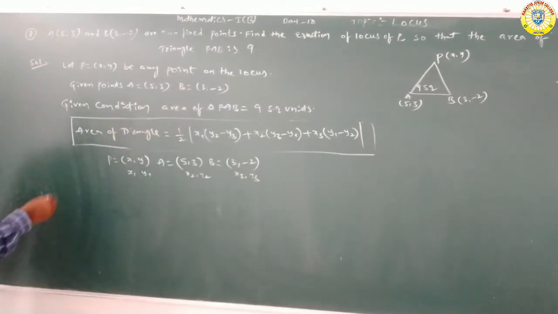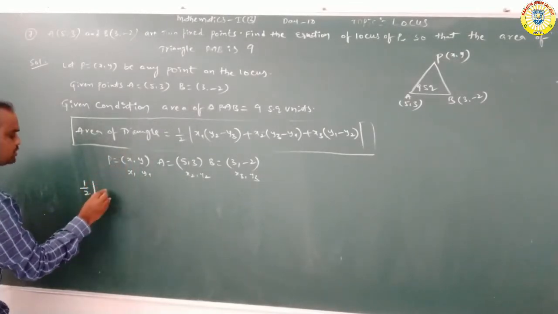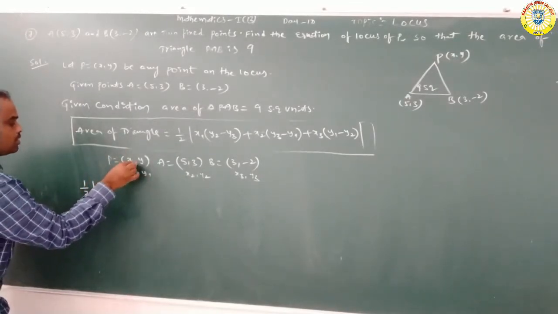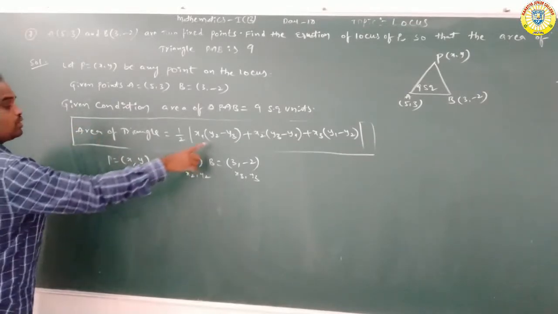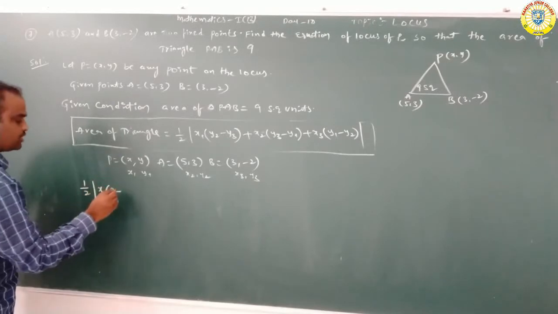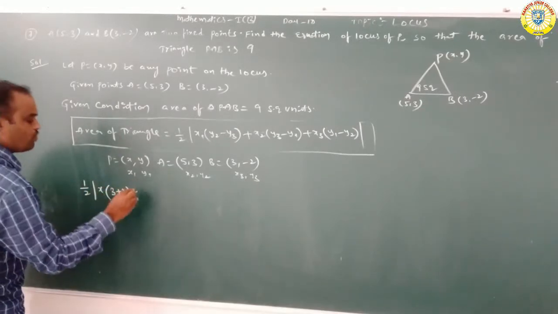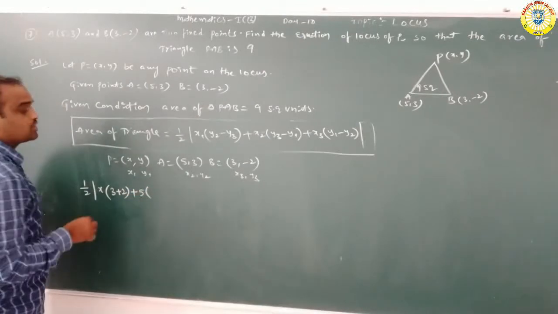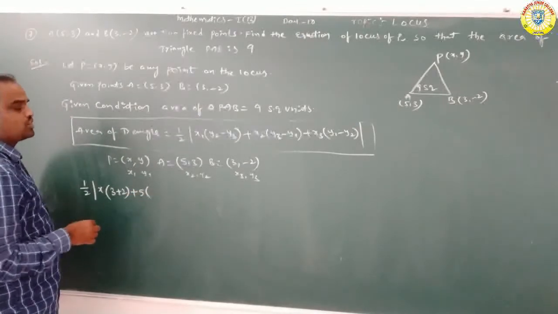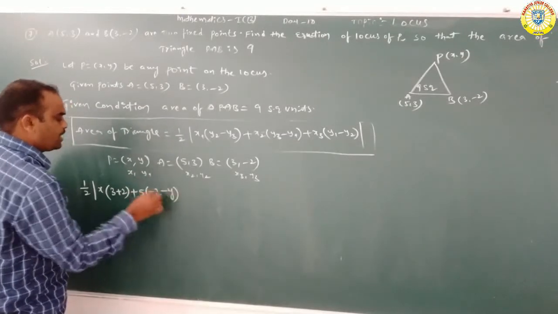So here we write 1 by 2 into x1, which is x, times (y2 minus y3): y2 is 3, minus y3 which is minus of minus 2, so 3 plus 2. Plus x2, which is 5, times (y3 minus y1): minus 2 minus y.